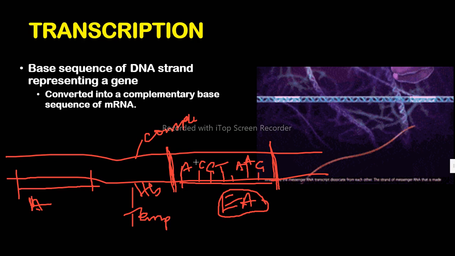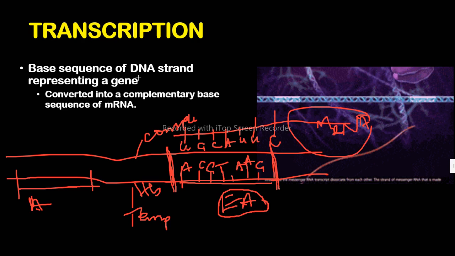The process by which this base sequence on DNA is converted into a base sequence of mRNA, where this one is going to be U, this one G, this one C, this one A, this one U, and finally C. That process of converting this base sequence on DNA into a sequence of bases on an mRNA strand is what we call transcription.